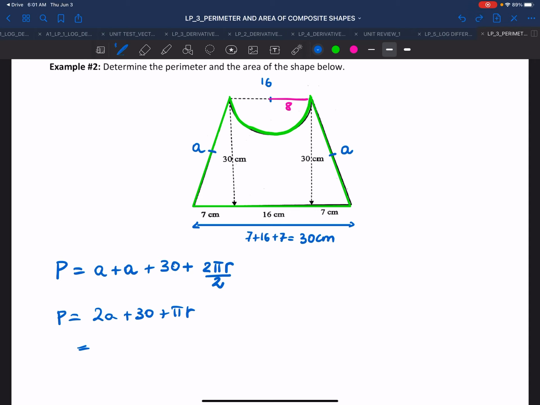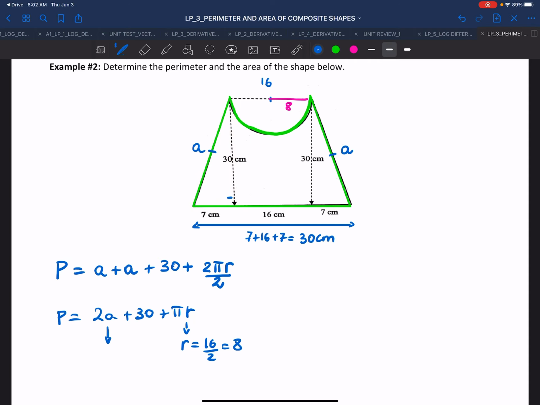And we're going to say that r equals 16 divided by 2, which is 8. And for a, we have a little bit of work to do. So if you look at the diagram, you see that a is one of the sides of the trapezoid, but you can also say that it is one of the sides of this triangle.